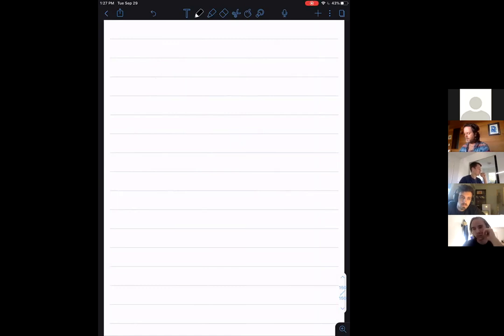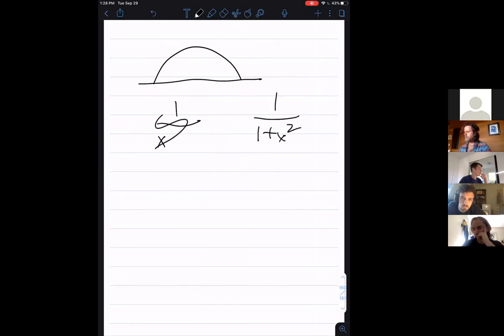It's a density somehow. I think it's the one with density proportional to 1 over 1 plus x squared. You think it's 1 over 1 plus x squared? I vaguely remember it's not something like that, is it?